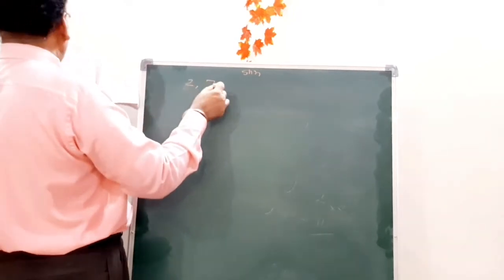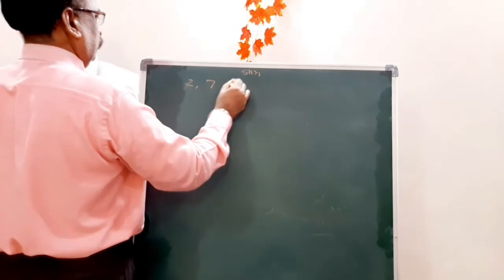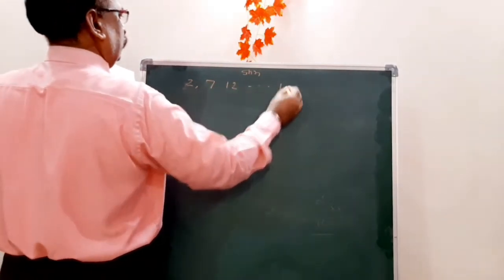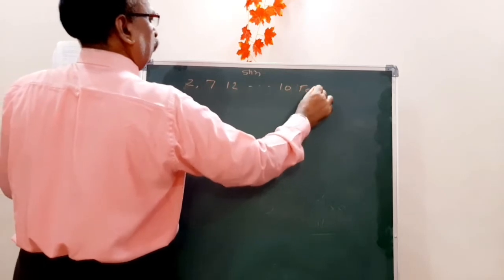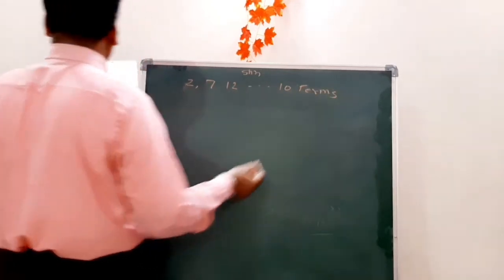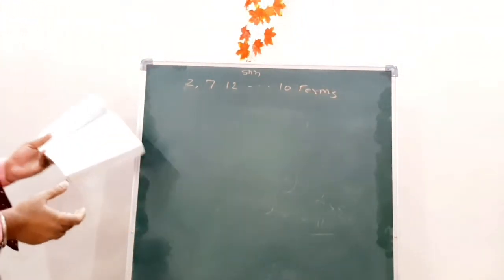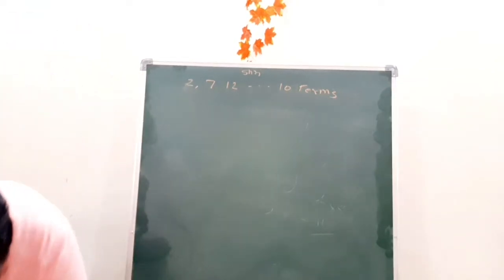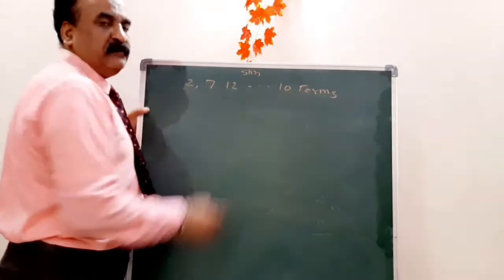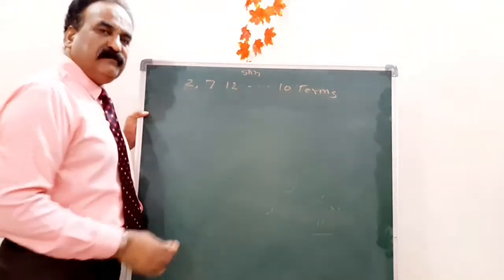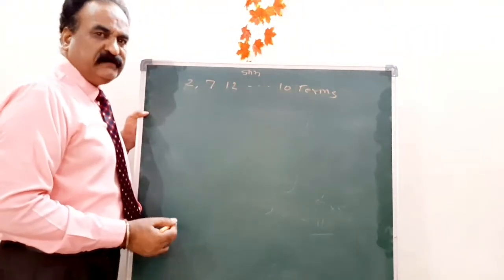2, 7, 12, dot, up to 10 terms. It means the number of terms are 10 and you have to find the sum.